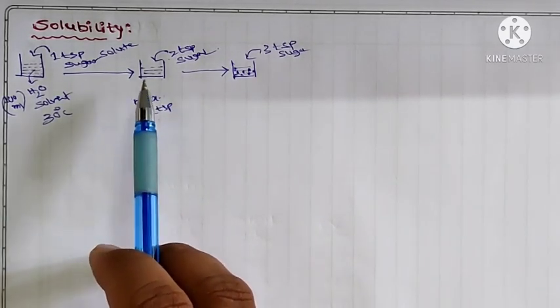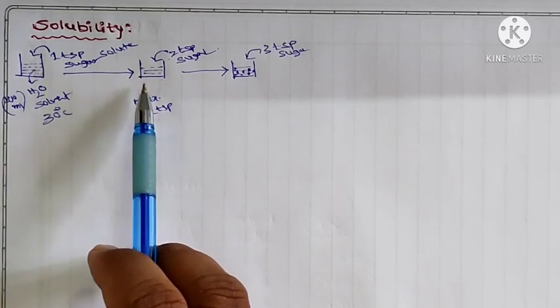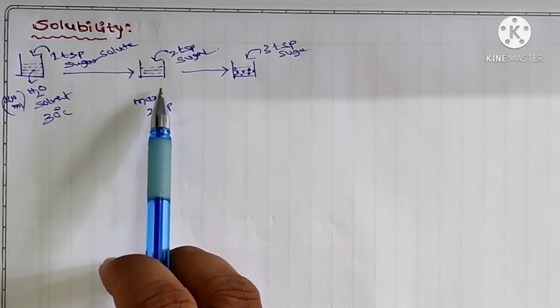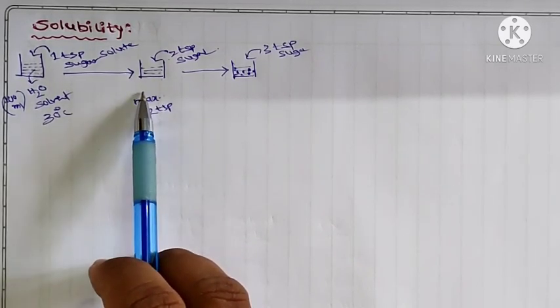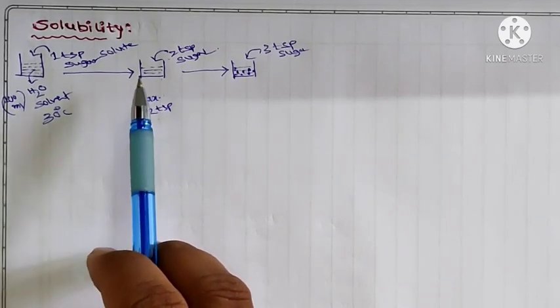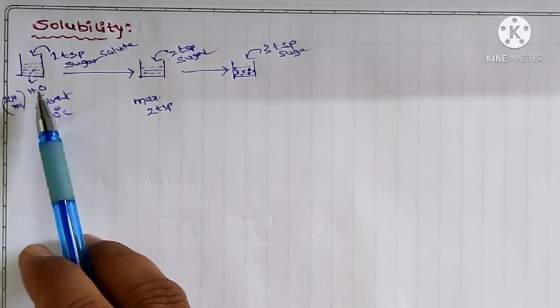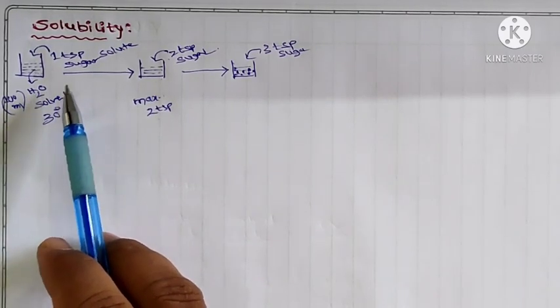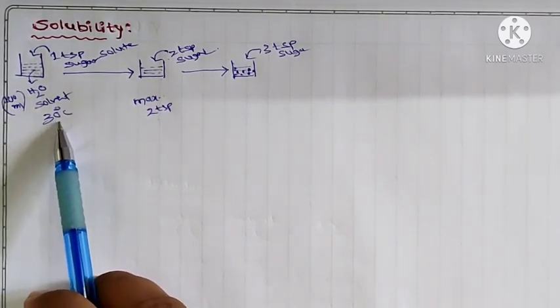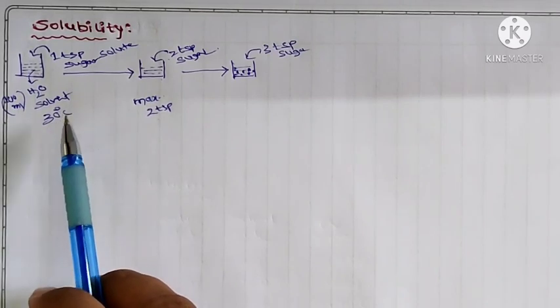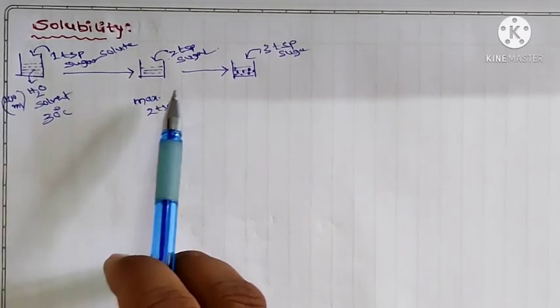So the definition is: the maximum amount of substance dissolved in a specified amount of solvent, specified amount 100 ml, at a specified temperature, 30 degrees centigrade, is called solubility.